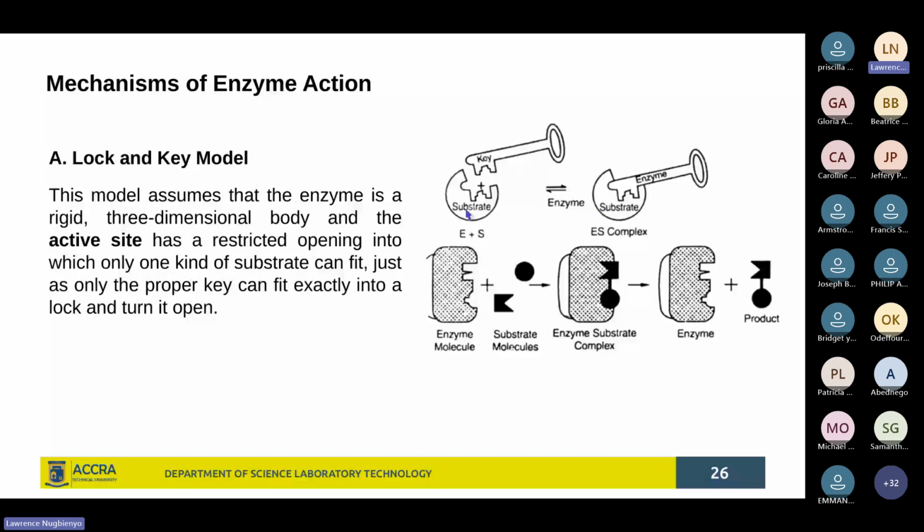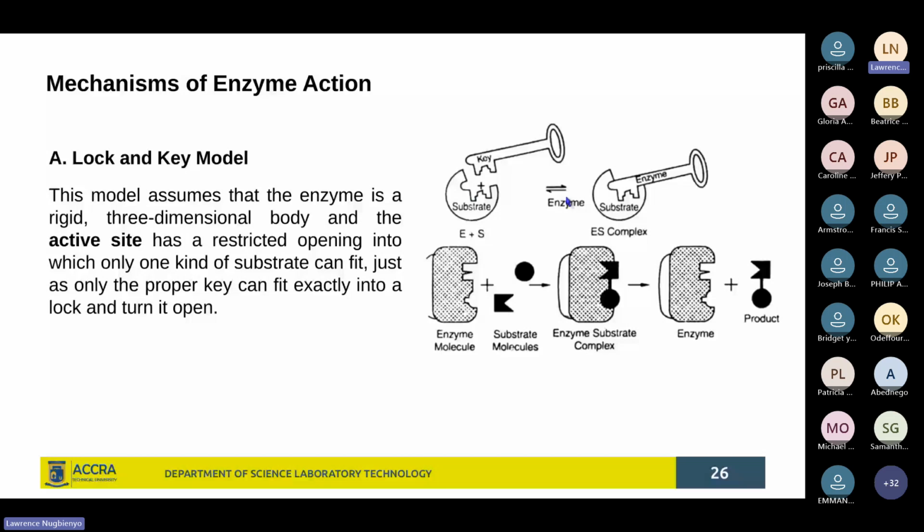And that enzyme substrate complex can then go into the transition state so that a product is formed at the end of it. So this fits more to absolute specificity.